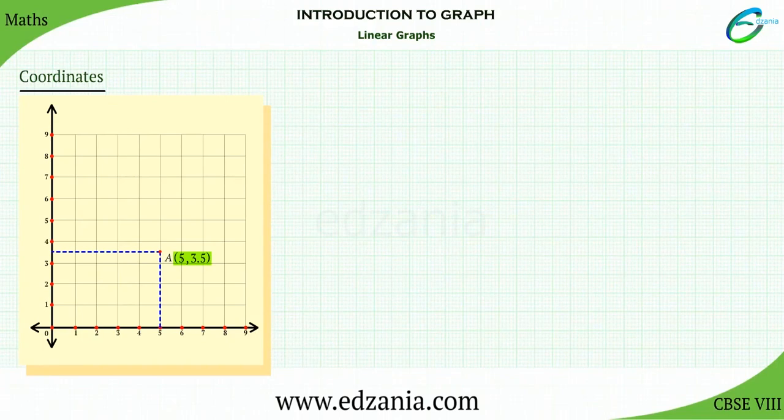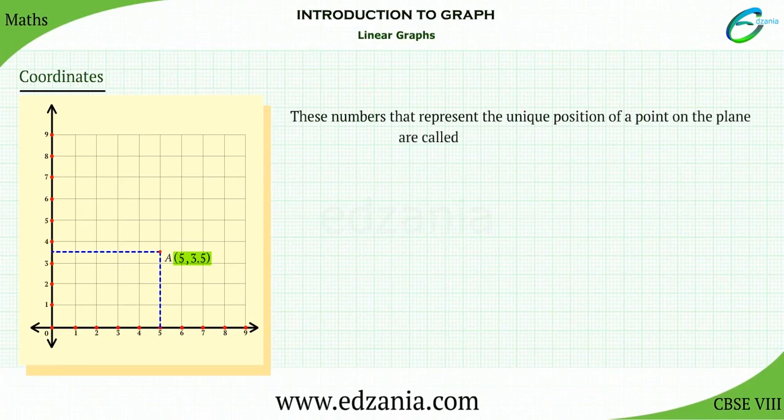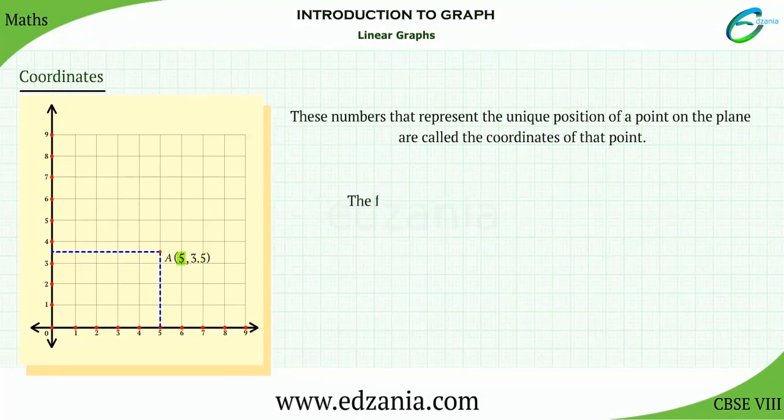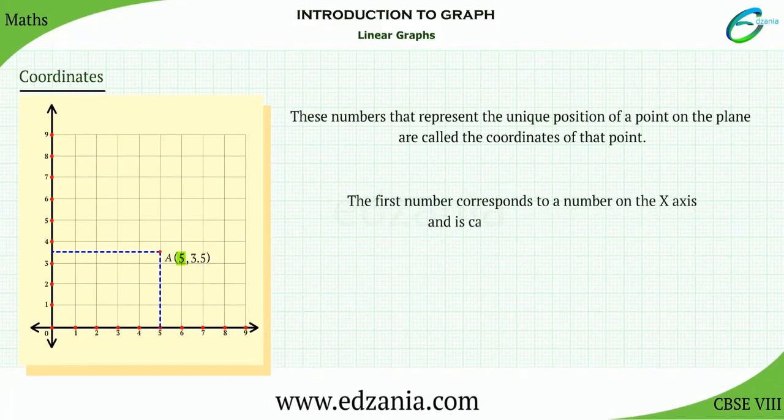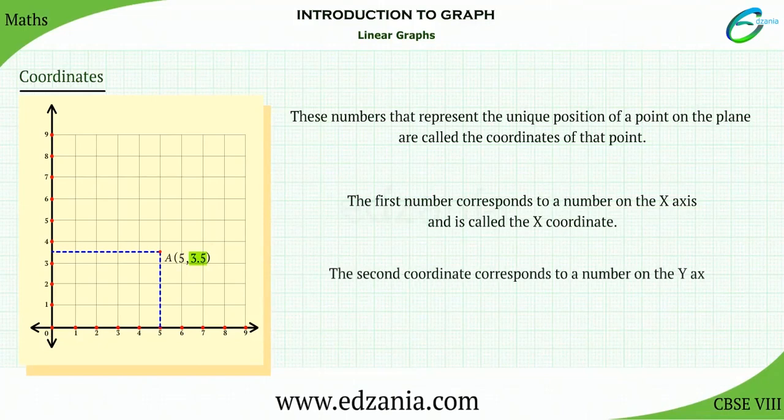These numbers that represent the unique position of a point on the plane are called the coordinates of that point. The first number corresponds to a number on the x-axis and is called the x-coordinate. Similarly, the second coordinate corresponds to a number on the y-axis and is called the y-coordinate.